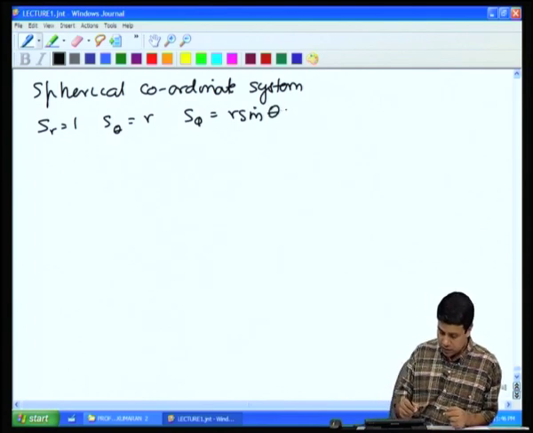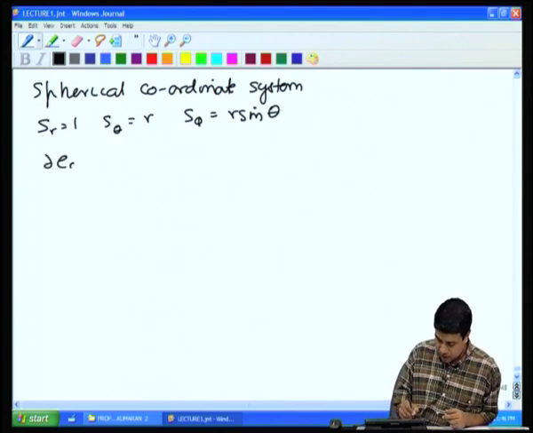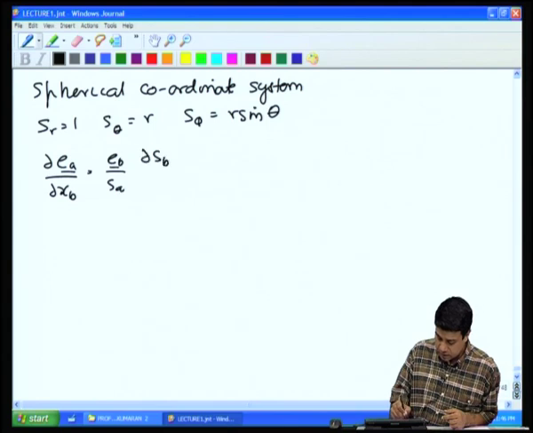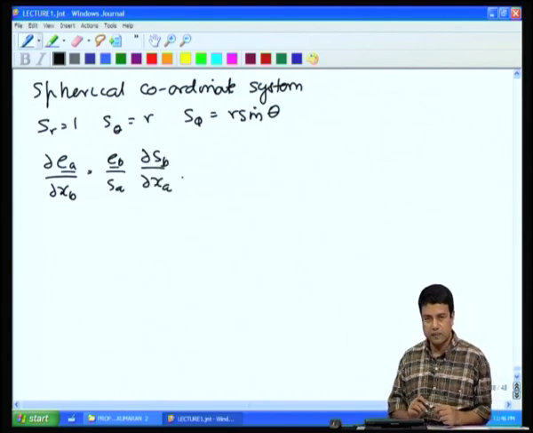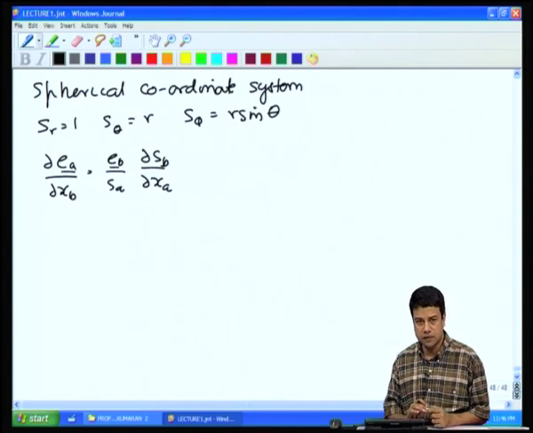Okay. And also I know that partial E A by partial x B is equal to E B by S A partial S B by partial x A. Okay. And from this you can derive the derivatives of all unit vectors.